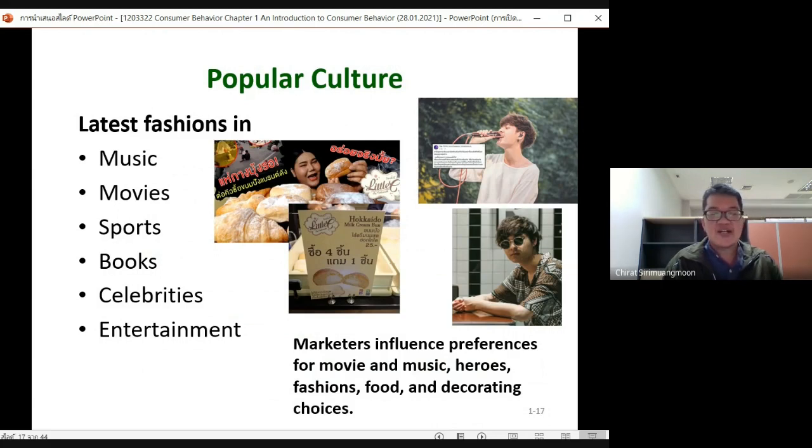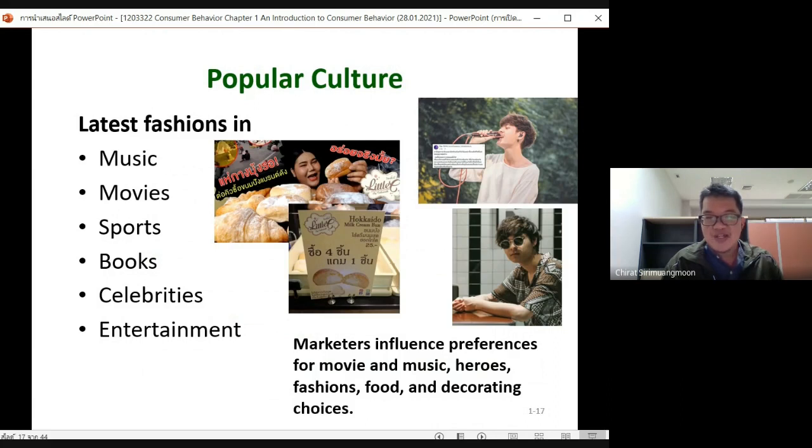This can be music, movies, sport, books, celebrities, or entertainment. Sometimes they're crazy about camping, so camping becomes famous at that time. Camping can be pop culture. And what marketers always do is influence the preference for movies, music, heroes, fashion, food, and decoration choices. They try to link to other items.